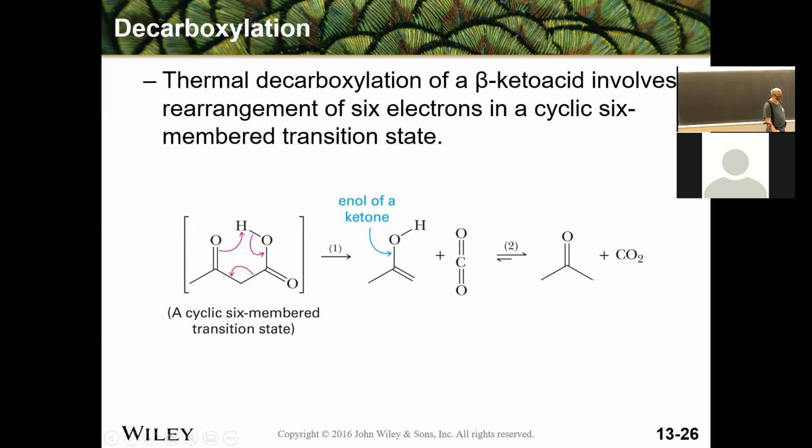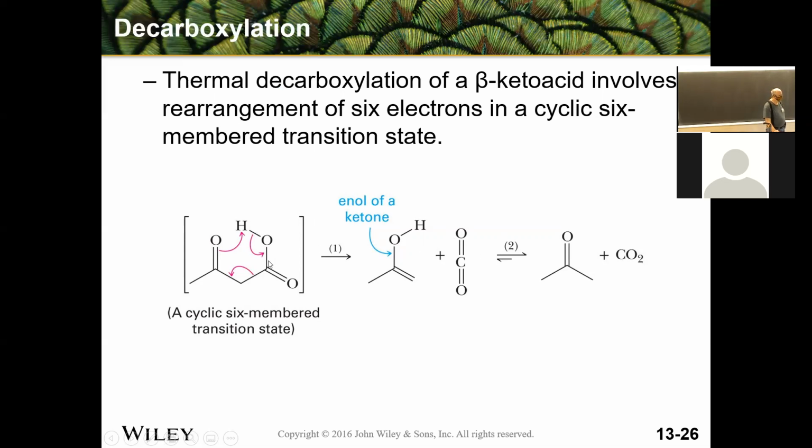So I'll walk you through here. The pi bond in the carbonyl group grabs this hydrogen. This pair of electrons then moves to form a double bond. This bond breaks, it moves this way, and that gives us carbon dioxide.